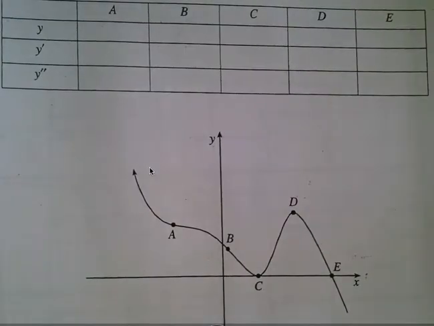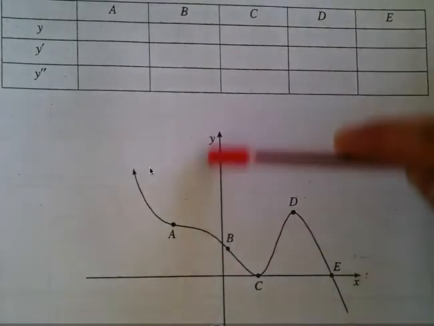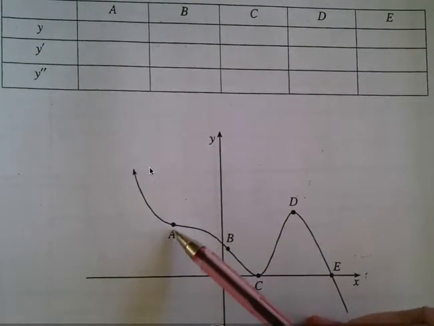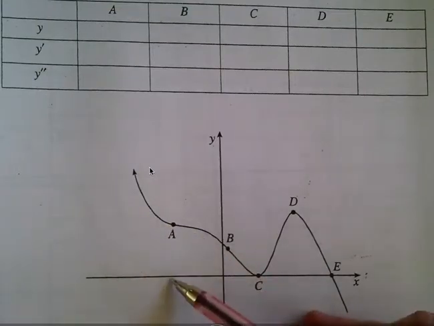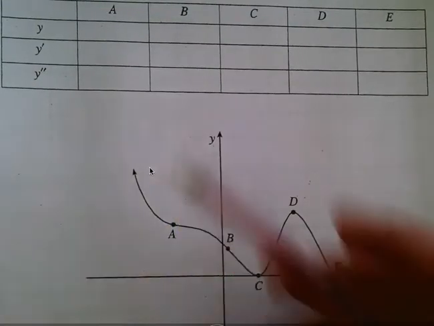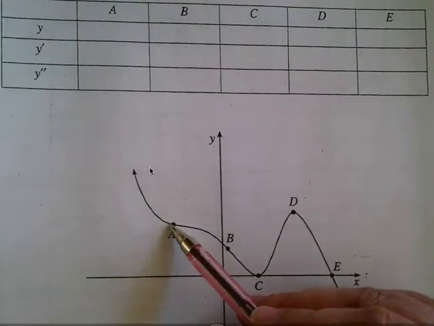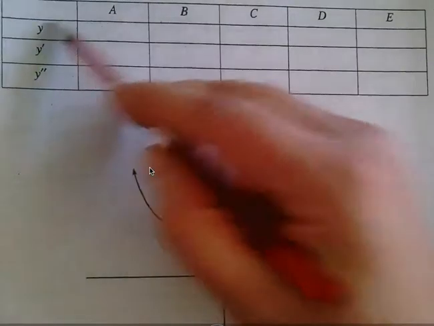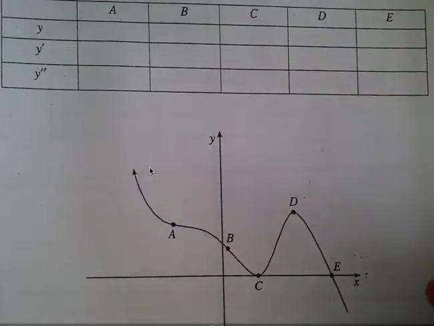All right, let's look at point A. So this is the y-axis, this is the x-axis. Tell me about the value of y. This might be, say, -2, 3 or something. If this is the point, imagine it's got a negative x coordinate, a positive y coordinate. The value of y, positive or negative?